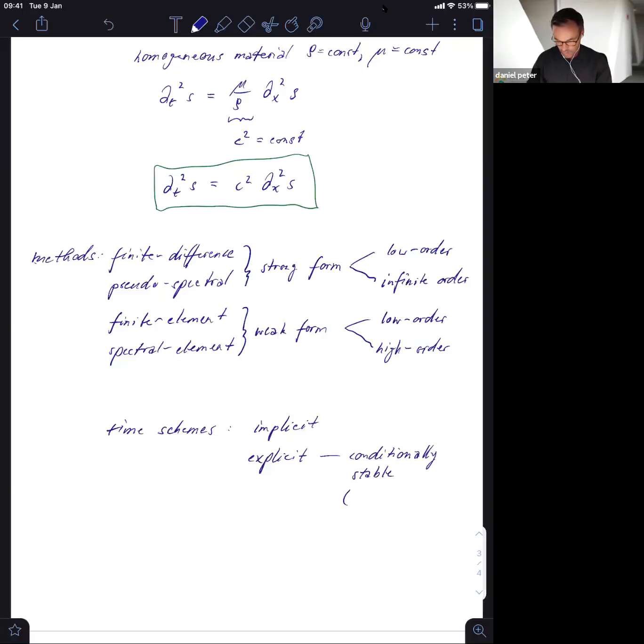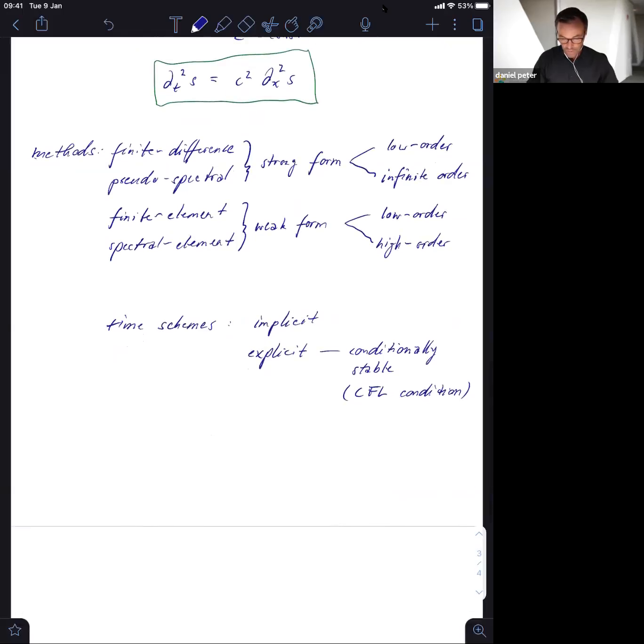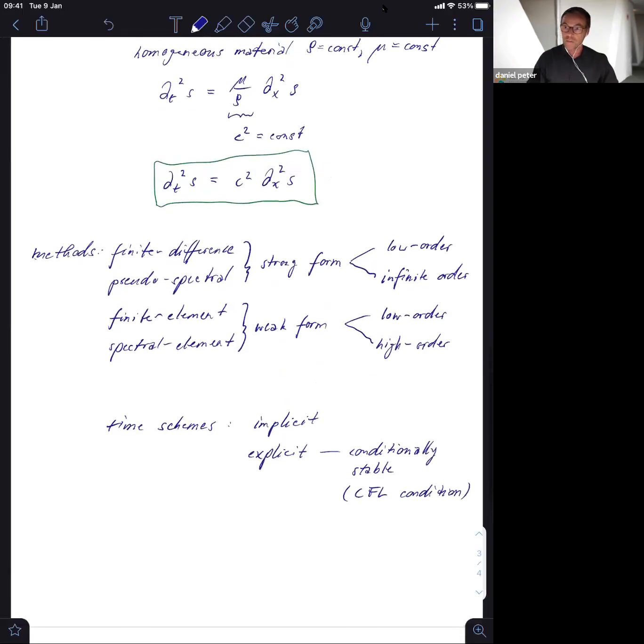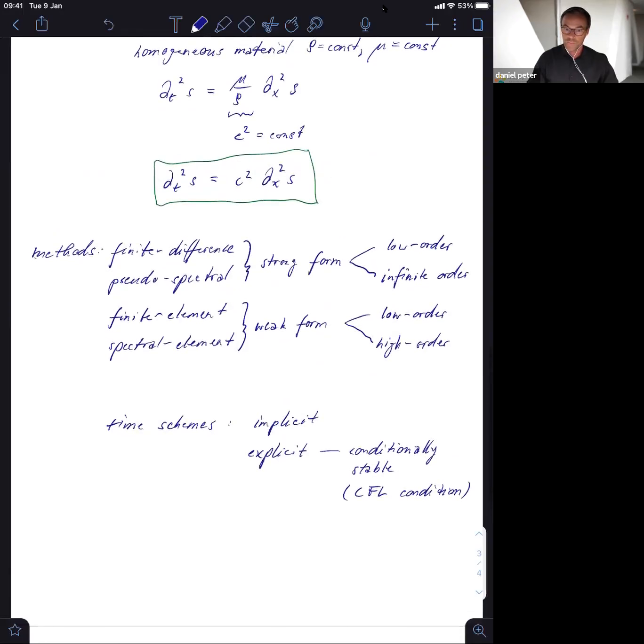So the stability condition is called the CFL, the Courant-Friedrichs-Lewy condition, which tells us how large the time step can be. If it goes beyond that, the scheme becomes unstable. Good. So that was basically what we looked at in this class so far.